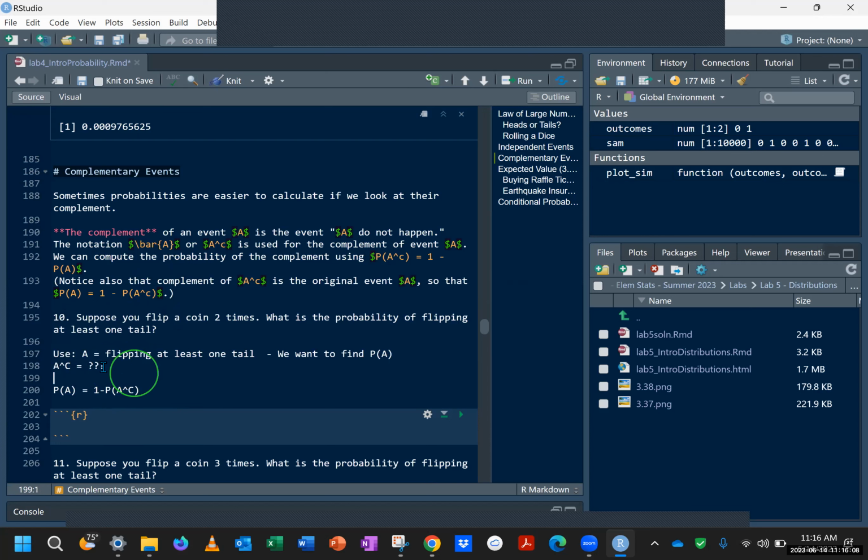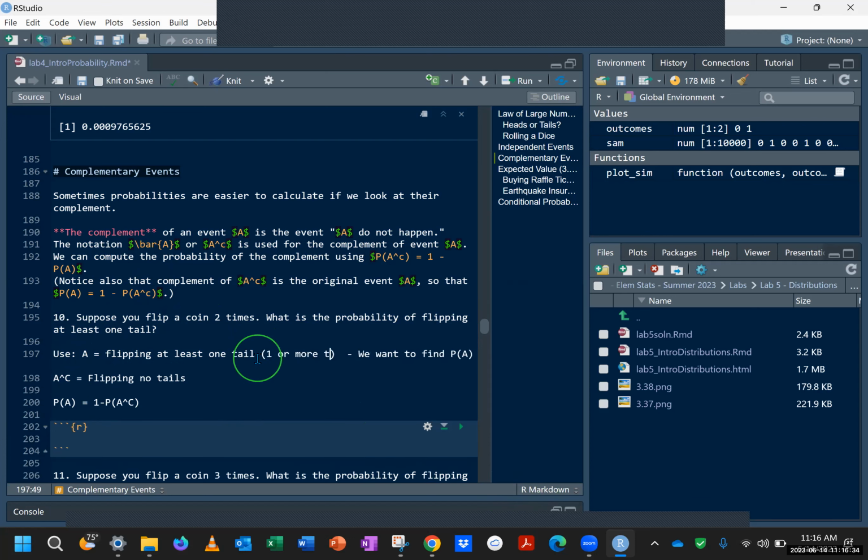So what is the complement of flipping at least one tail? This is what this problem boils down to. The complement of flipping at least one tail is flipping no tails. See if you can convince yourself of that. Either you flip one or more tails or you flip no tails.